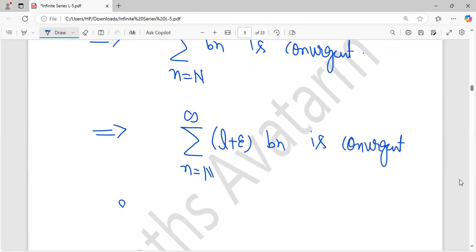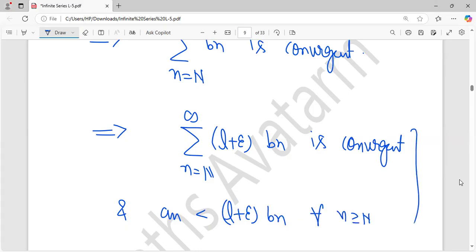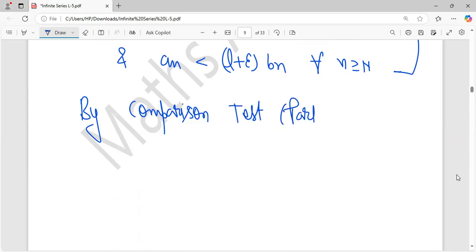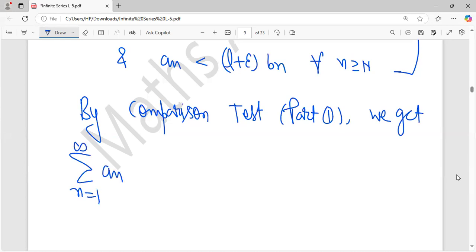Okay, this is convergent, and An is less than (L plus epsilon) Bn for all n greater than capital N. Now, from these two, again by comparison test part 1, we get that the series summation n goes from 1 to infinity of An is convergent.